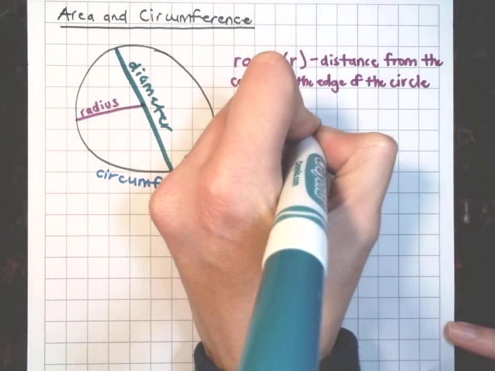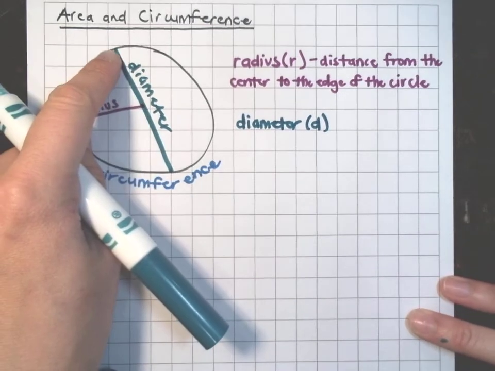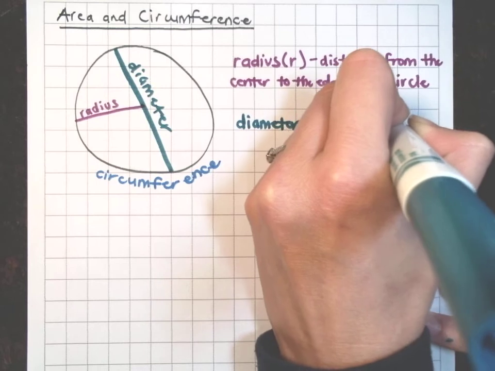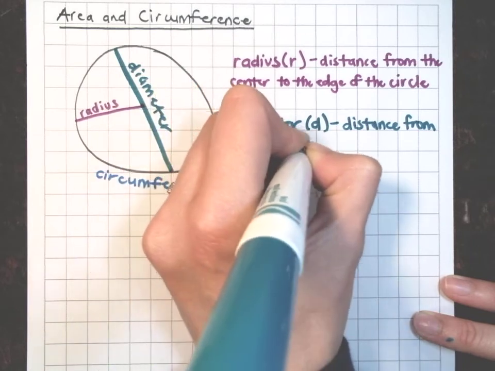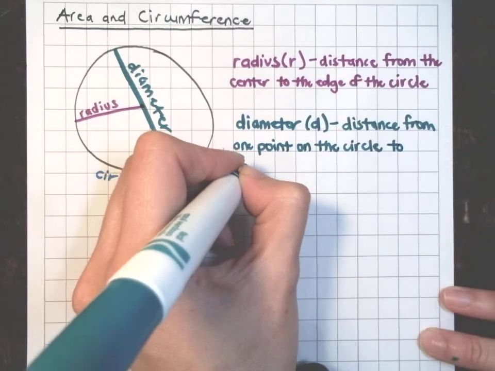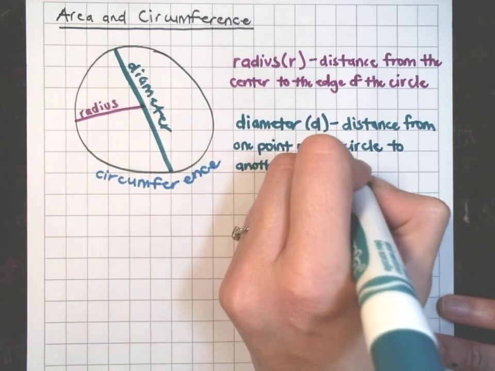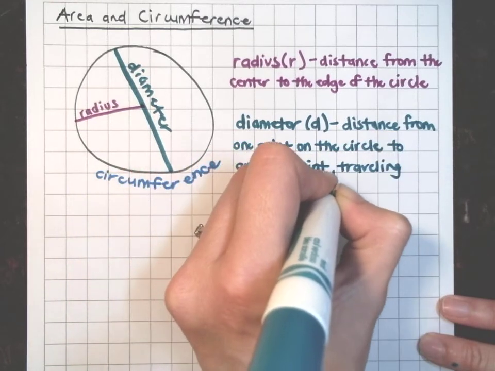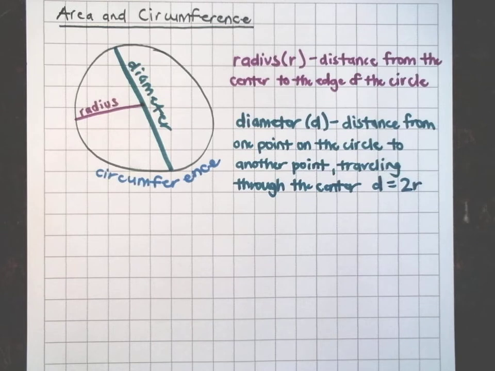And then the diameter, we use d to represent that, and that is the distance from one point on the circle to another point that goes through the center. And the diameter is equal to 2 times the radius.